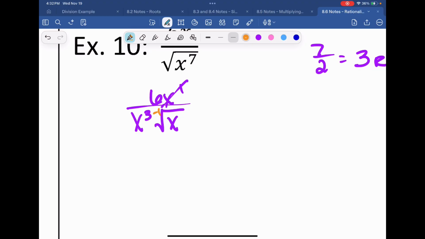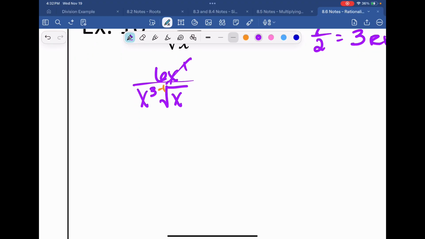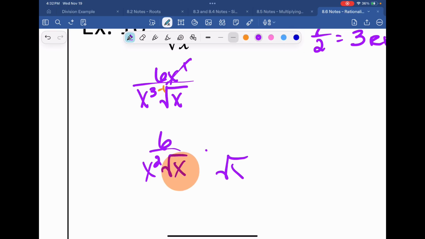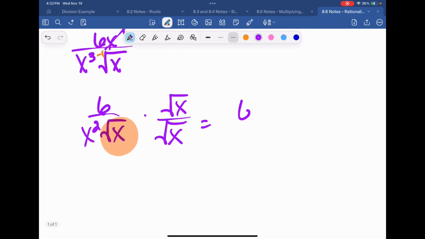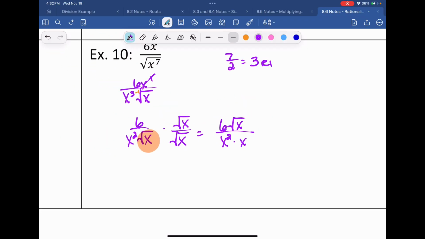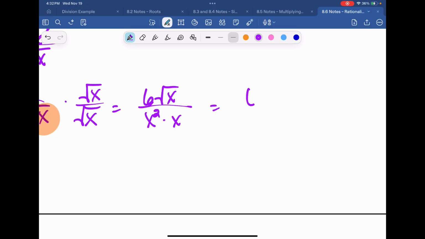Use your laws of exponents, make it easy on yourself. Your root x is what we multiply by. This is x squared times x cubed.